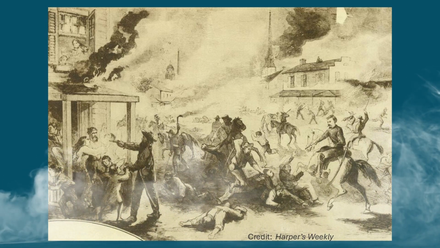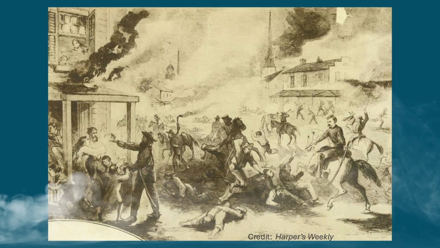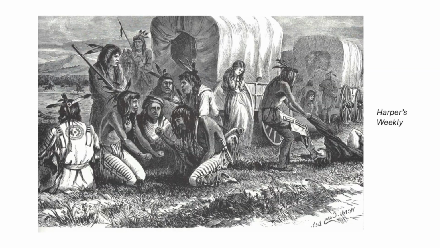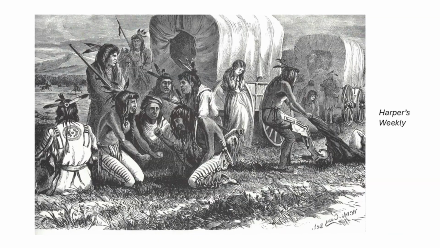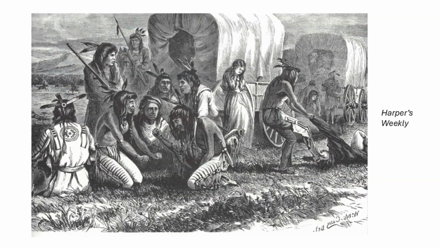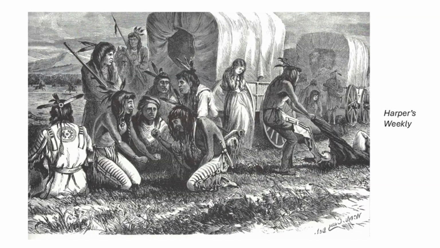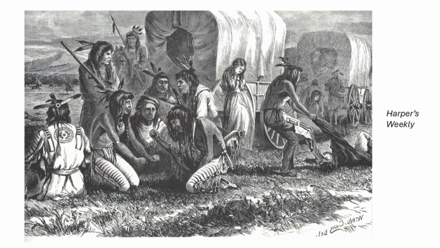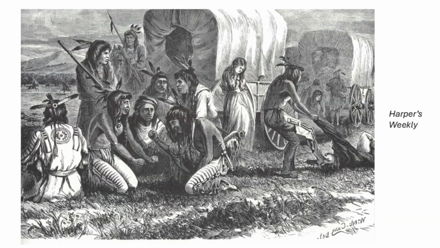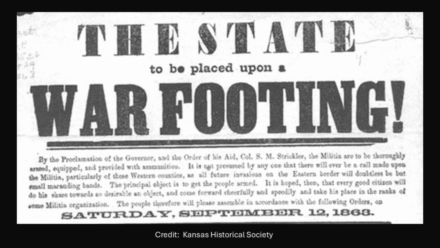In light of the violence along the Missouri border and Indian trouble to the west, it is not surprising that Kansans responded willingly to calls for military volunteers. In 1860, the population was small, only 107,000 people in the entire territory. But Kansas would supply over 20,000 soldiers. The federal government had requested only 16,654.